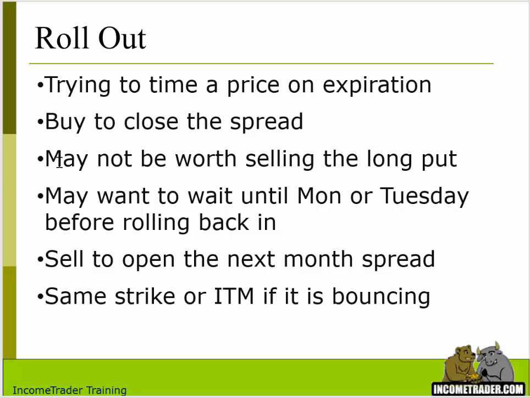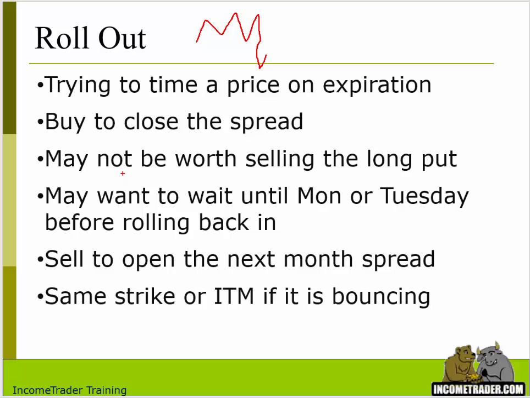Rolling out means you know that the stock is moving in its pattern and it's kind of bullish. The moment you get into it, it breaks a support, but that was just a piece of news and it's starting to come back up, and we're getting to expiration and you need more time. Then you might want to just buy to close your entire spread for that particular month.